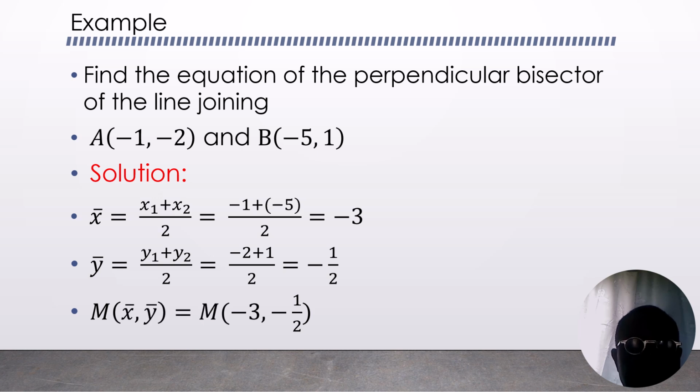So therefore, the midpoint of the line segment AB is M (x bar, y bar), which is equal to M (-3, -1/2).